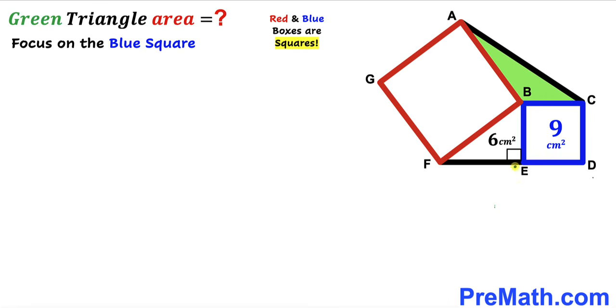Let's focus on the blue square BCDE. The area of this blue square is 9 cm².